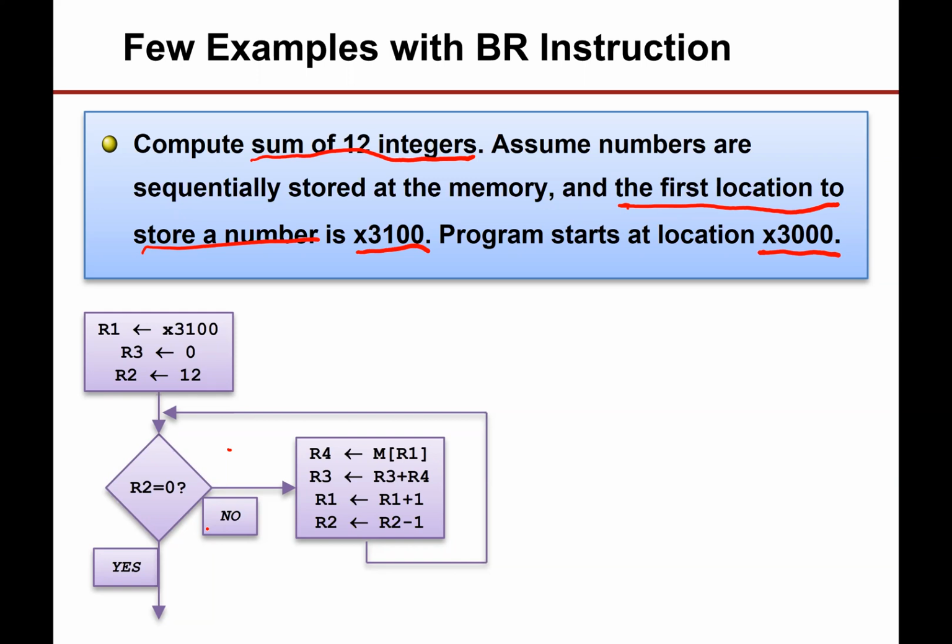So if it's not 0, then we will do the sum operation, right? So for the first one, this one is to load the first location into the register.